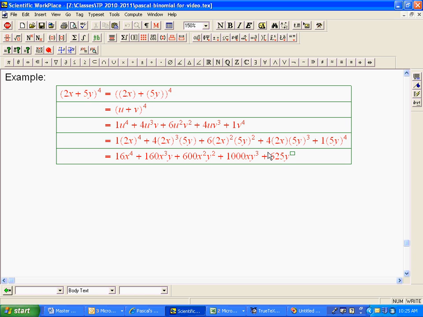It's 25 squared. So there are some weird numbers, but that's because it's a mixture of the Pascal pattern and the powers of 2 and 5.